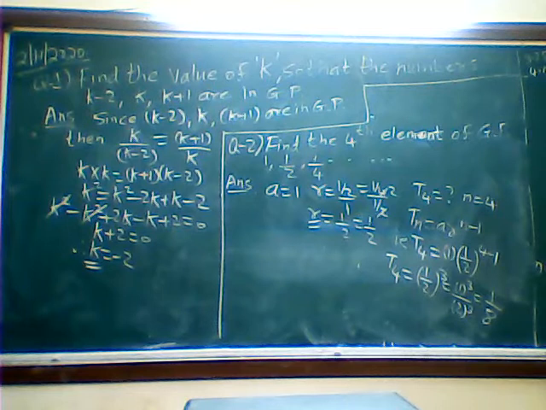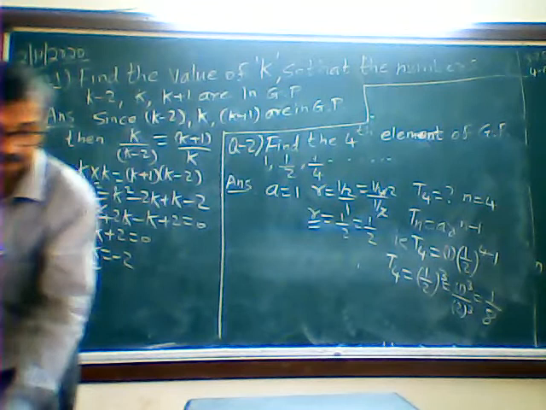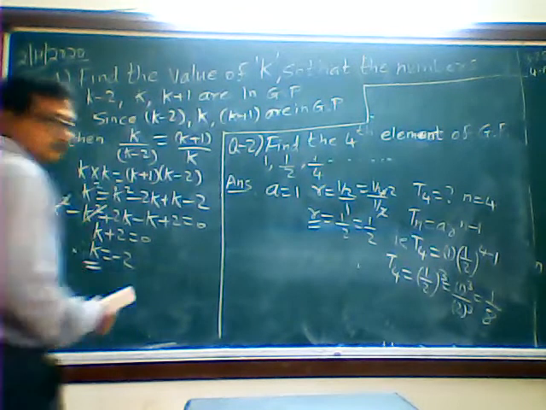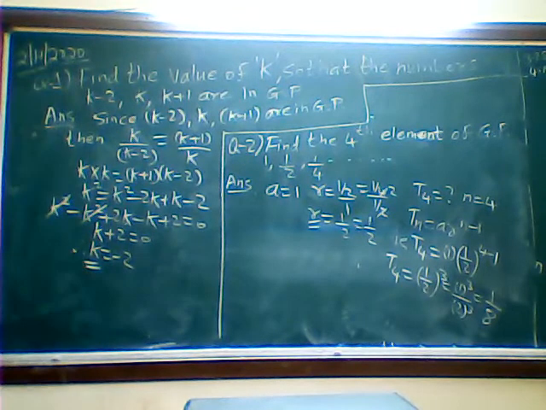Then the Tn formula is A into R raised to n minus 1. Substitute the values and we will get the answer. So now the next problem we will do. I hope you have understood both the problems.